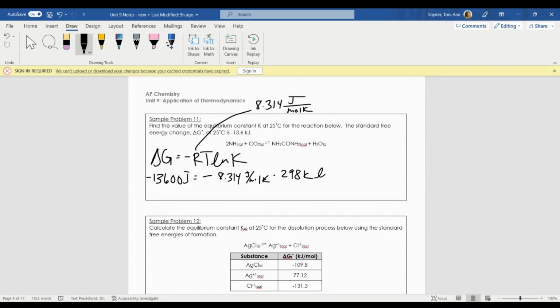And the value for this is ln K. So I'm trying to find the value for K here. The way I would solve this is I would solve for this whole thing first. So let's grab a calculator and do this together.